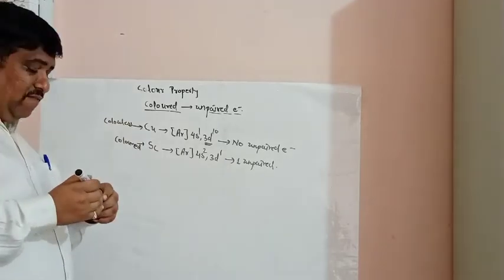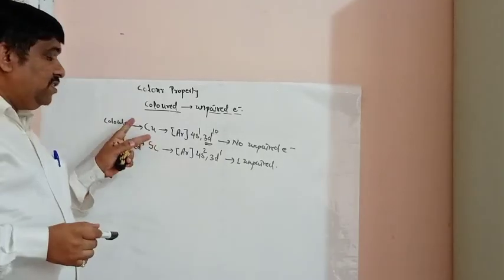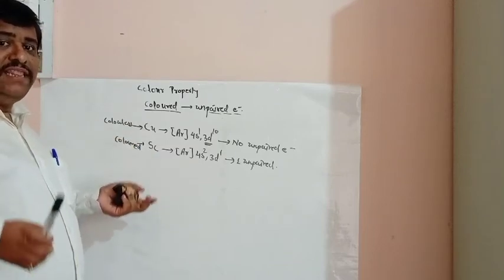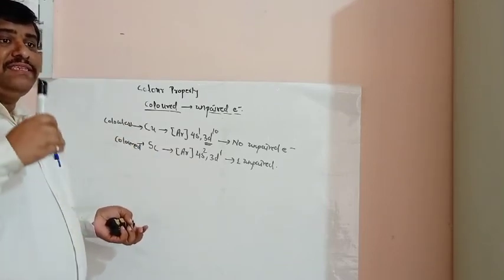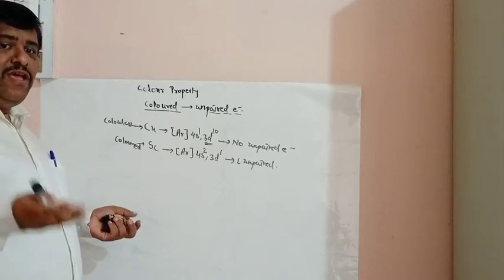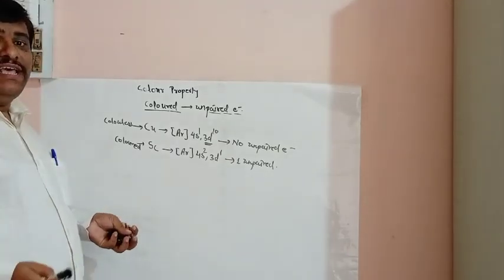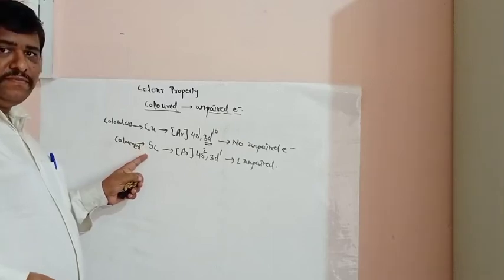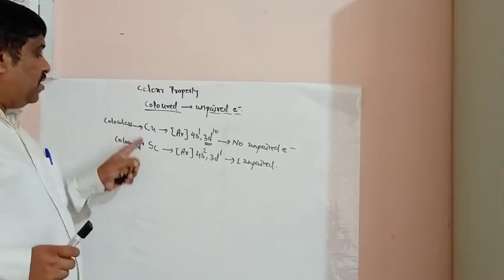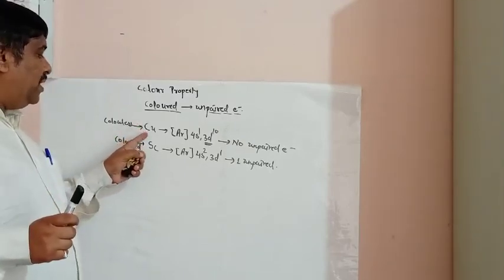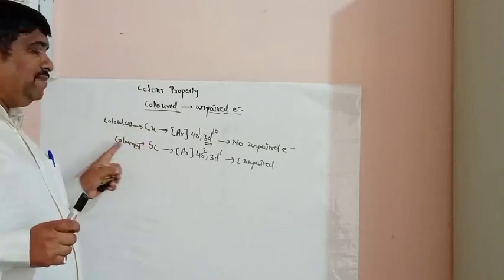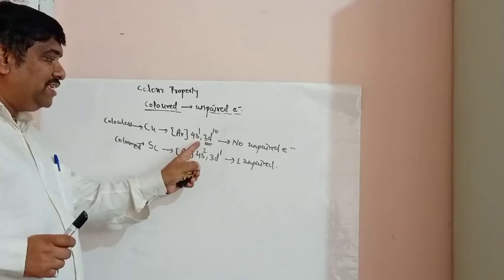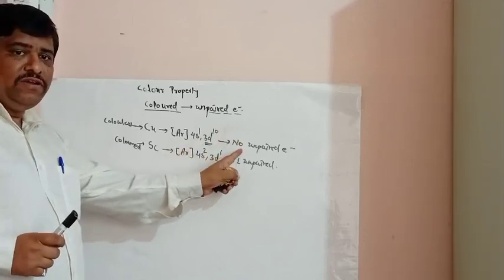So in the exam, how will they ask? They will give two elements or ions and ask you to explain why one is colored and the other one is colorless. For example, if you compare copper and scandium, they will ask, show that copper is colorless and scandium is colored. For copper you have to write the electronic configuration and write no unpaired electron.